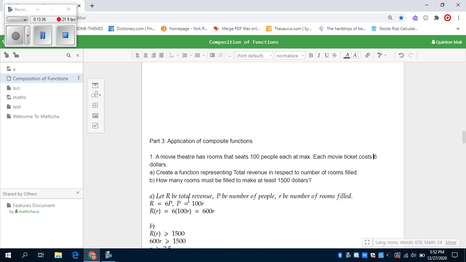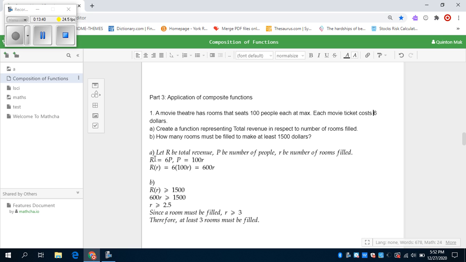Alright, so we define R to be total revenue, P to be number of people, and lowercase r to be number of rooms filled. So capital R equals 6p because each ticket costs $6, and number of people equals 100 times lowercase r because each room has 100 people.